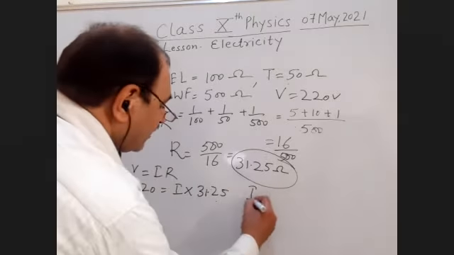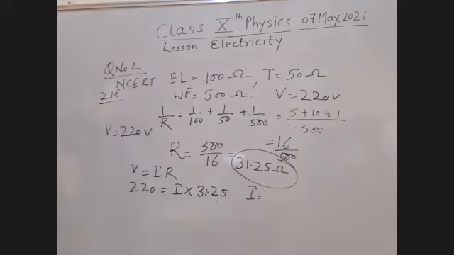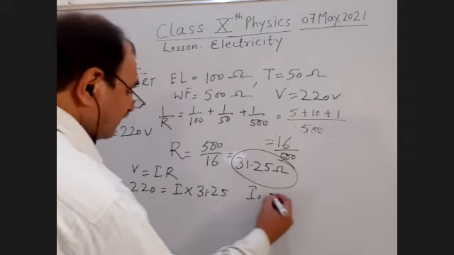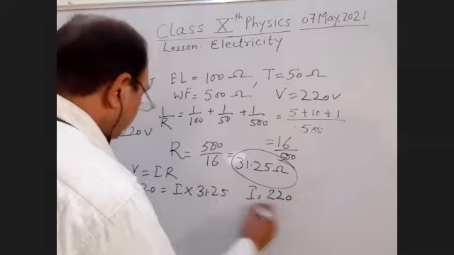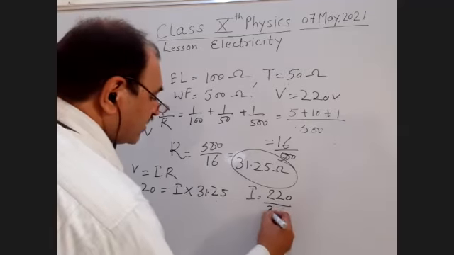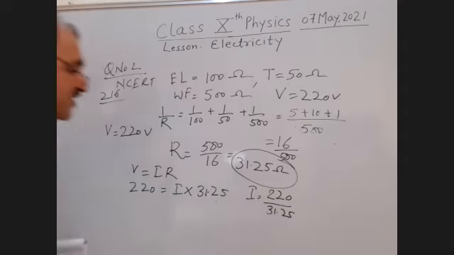Now students, the value of I, when I solve this, will be V equal to 220 divided by 31.25. Is it clear, students?